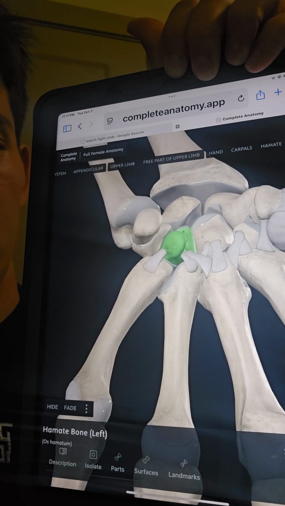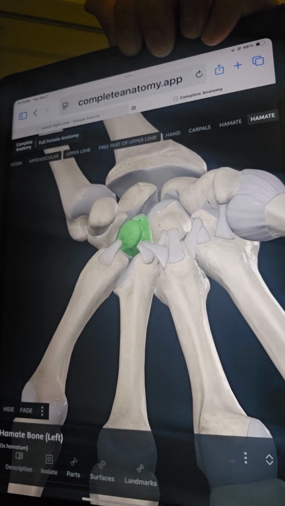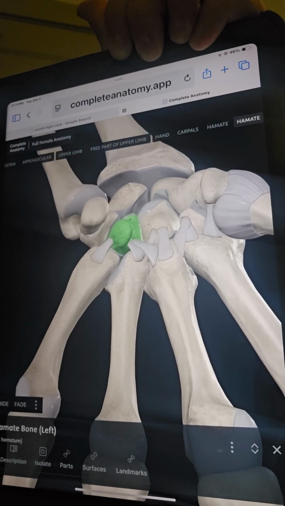And so the osteokinematics of the fifth metacarpal joint just allows you to grip and cup objects in this sense.